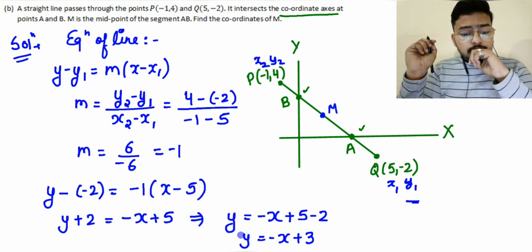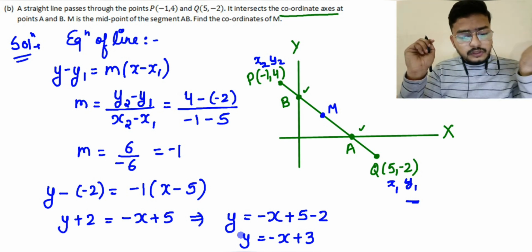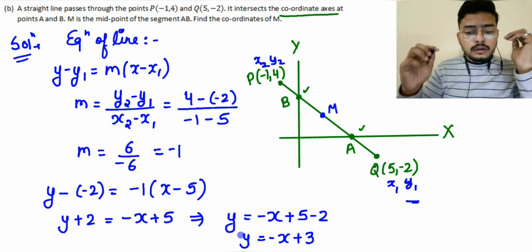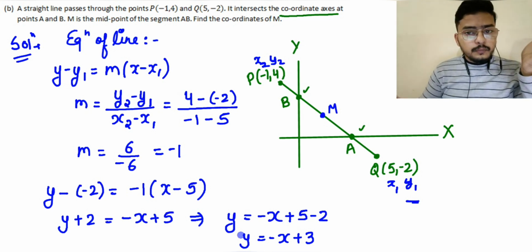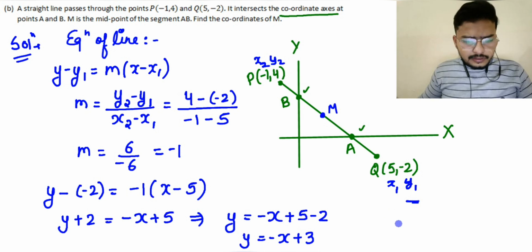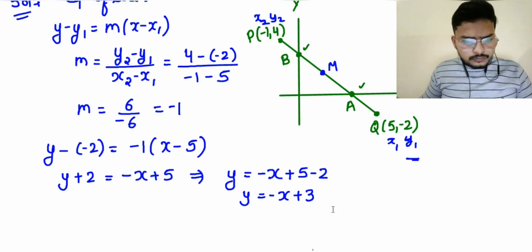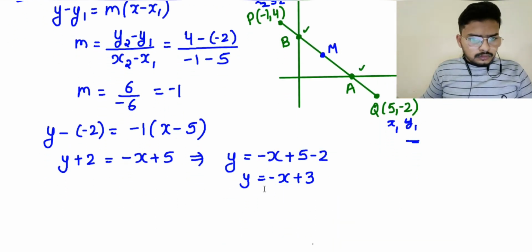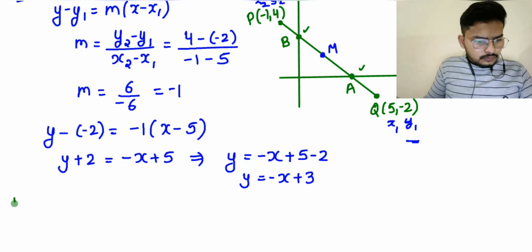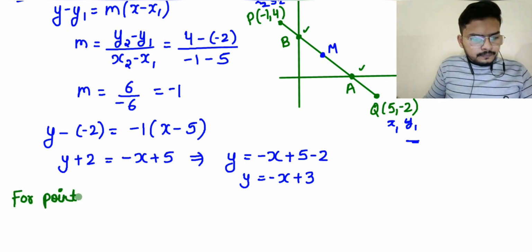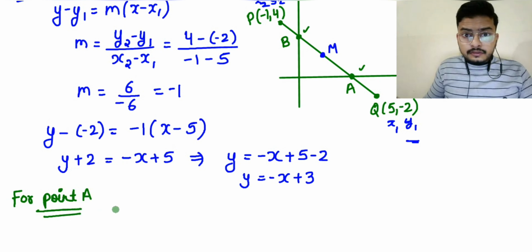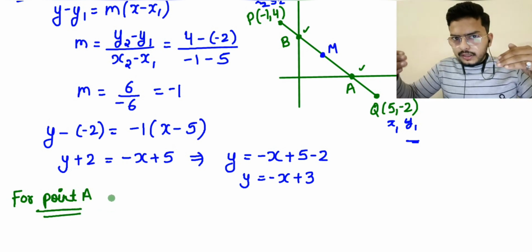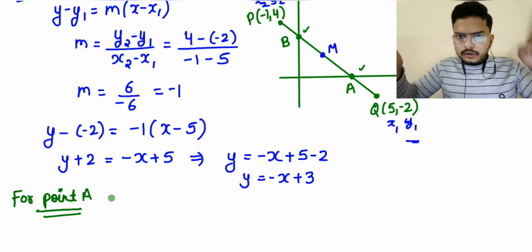Now you know that this point A is a point on the x-axis, so we can easily find the coordinate of A. How? Look, for point A, because A is on the x-axis, the y coordinate must be 0.